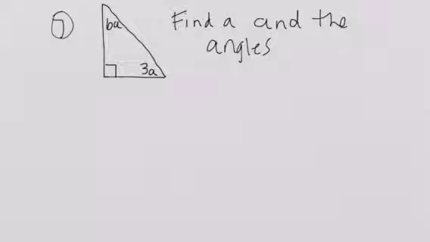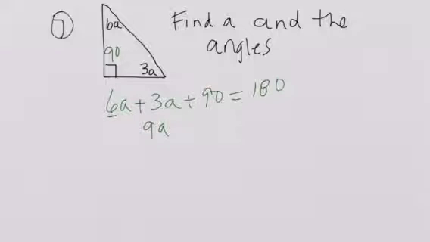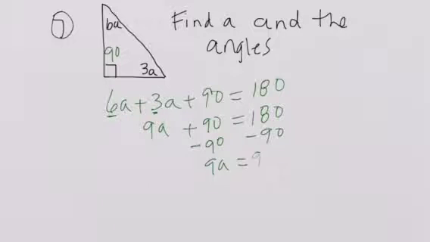Find the angles. So we have 6A plus 3A plus 90, because it's our 90-degree angle, is going to equal 180. 9A, we combine the 6 and the 3, plus 90 is equal to 180. We're going to zero pair out the 90. So we have 9A is equal to 90.